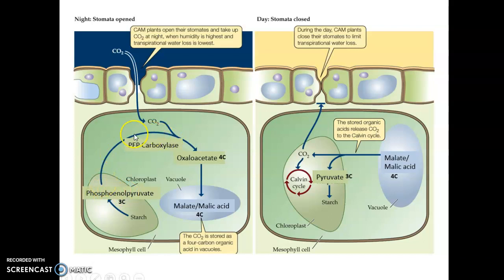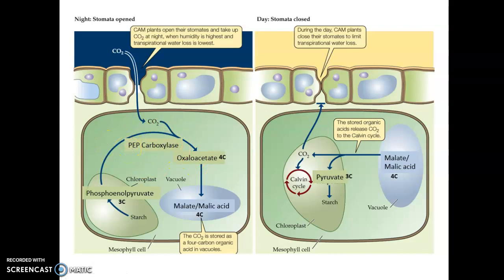This reaction is catalyzed by the enzyme PEP carboxylase. Carbon dioxide, 1 carbon, is fixed with phosphoenolpyruvate, 3 carbon, forming a 4-carbon molecule, oxaloacetate.